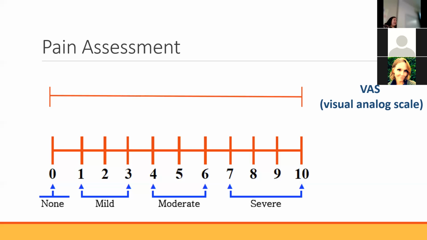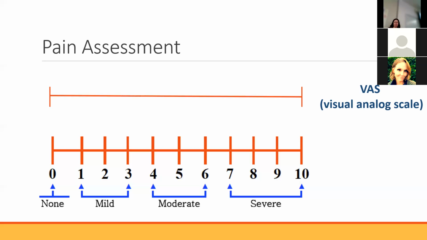There's a number of ways to assess pain. Some are better, and a straight boring line is not that fun. You just ask somebody where on the line, from no pain to the worst pain you've ever felt in your life, they fall. Using scores from 1 to 10, you specify whether pain is mild, moderate, or severe.